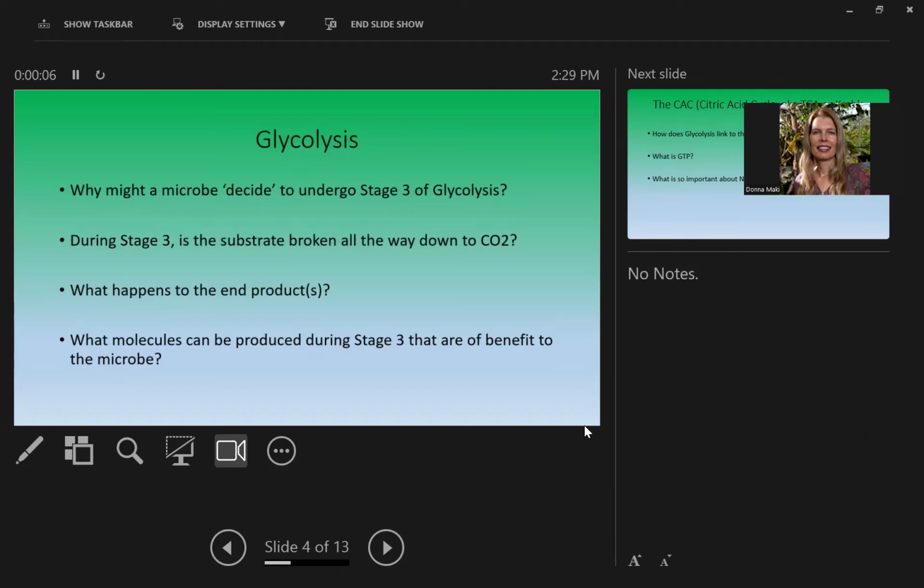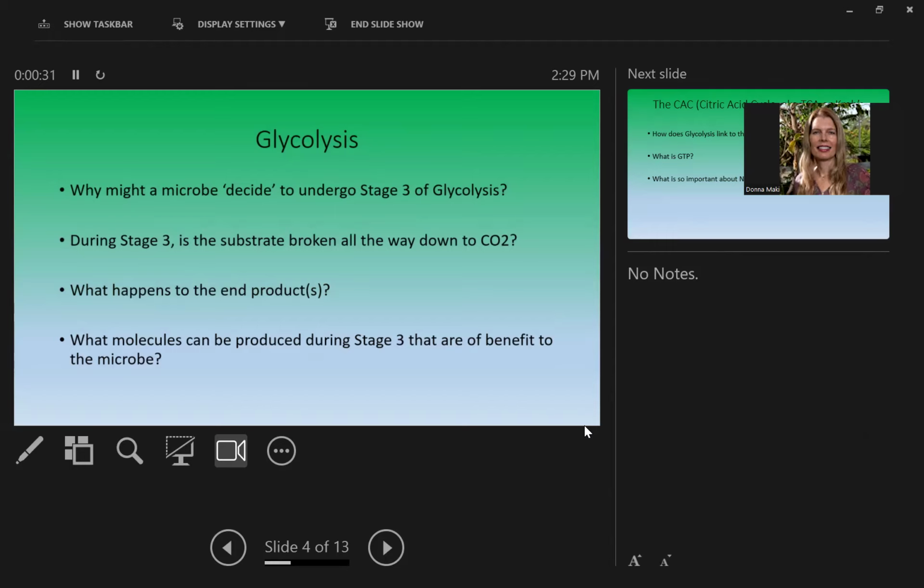Okay, so let's say you're E. coli. Why might a microbe decide to undergo stage 3 of glycolysis? So E. coli pauses at pyruvate, looks around. Why will it say, oh, okay, I'll do stage 3? There's no oxygen. So now let's tease that apart a little bit.